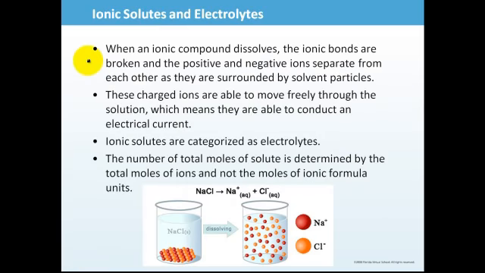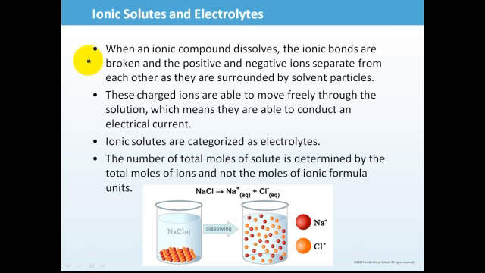Alright, now let's go back to some qualitative stuff and look at when we have ionic solutes. Alright, when you take an ionic compound and you dissolve that into any solvent, it's going to break up into positive and negative ions. Alright, this is going back to the dissolving process that we talked about earlier in Module 5.